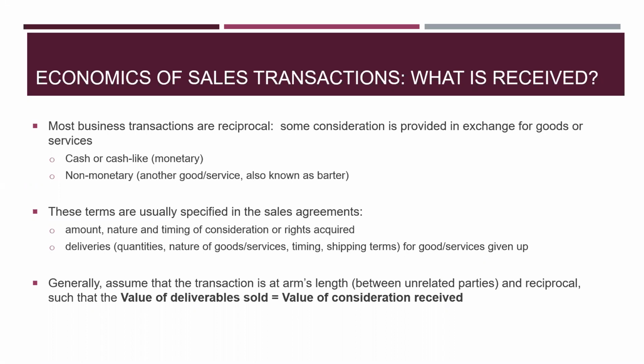These terms are usually specified in the sales agreement, which covers the amount, nature, timing of considerations, and rights acquired. Now, in the general sense, the value of deliverables sold is exactly equal to the value of the considerations received.